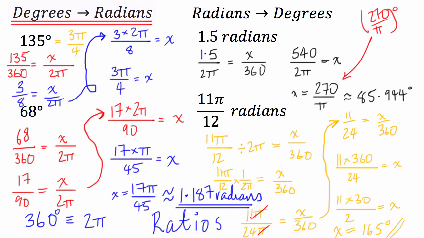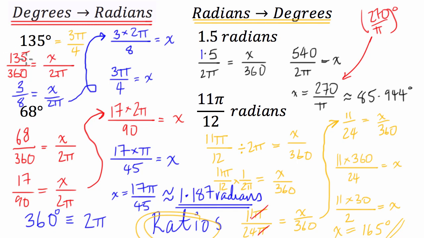So let's have a look at what we've done here. Basically what we've used is ratios to convert both from radians to degrees and degrees to radians. The reason why I like this method is because when I first started doing these conversions back in high school, I used to get confused about which one I had to times and which one I had to divide by, 360 or 2 pi or whatever. So what I was told by a tutor of mine at university is to do these conversions using simply these ratio techniques.